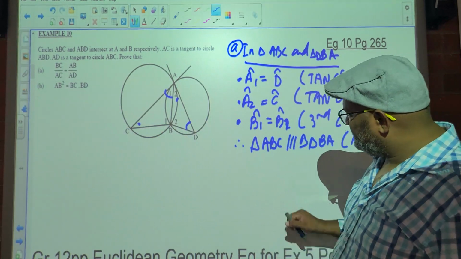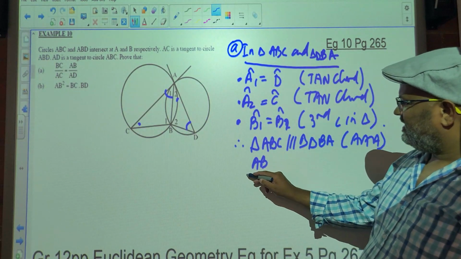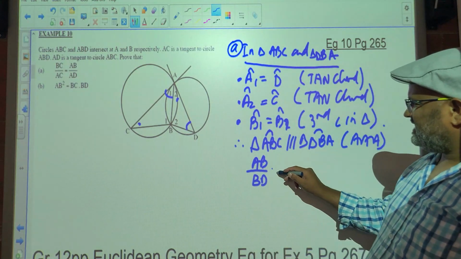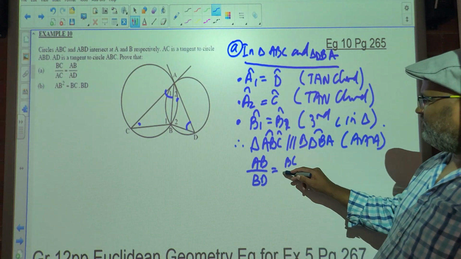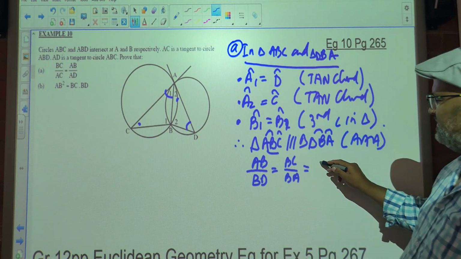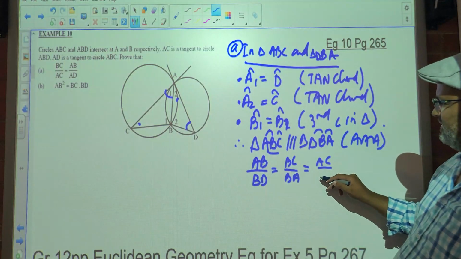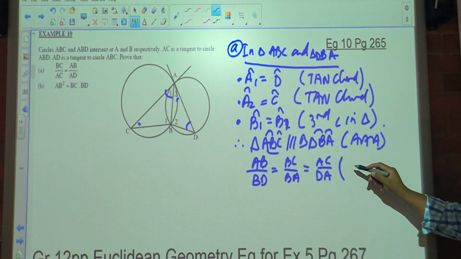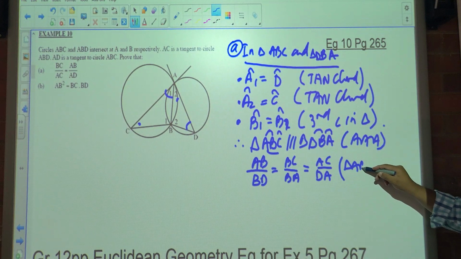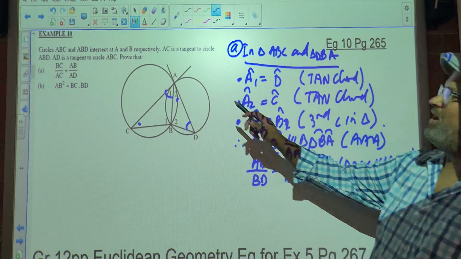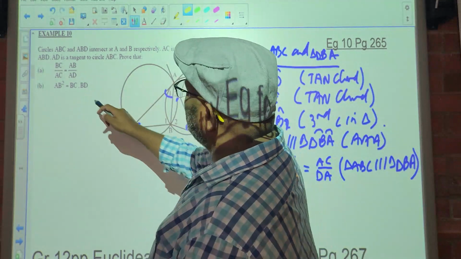We can say that AB over BD is equal to BC over BA, which is equal to AC over DA. Why can I conclude this? Because triangle ABC is similar to triangle DBA. Let's see what they want. What do they want?